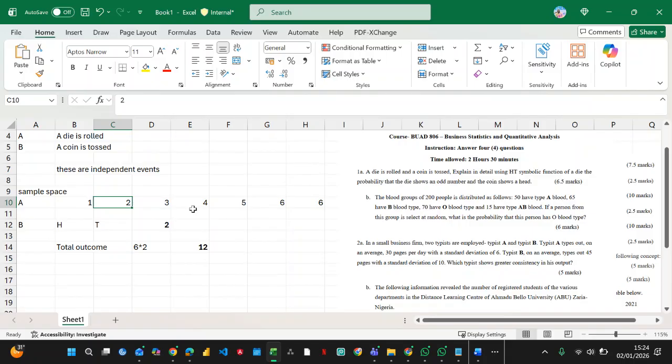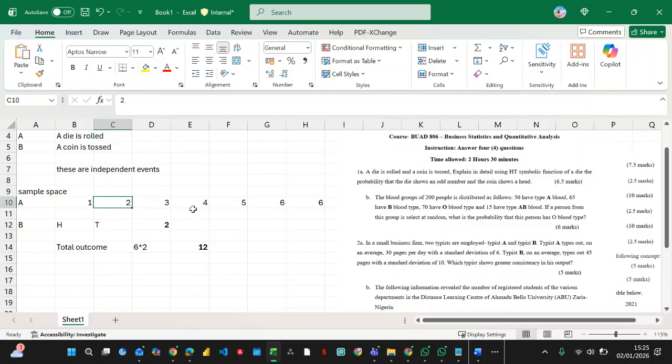Can I ask a question? I think both the die and the coin are mutually exclusive, right? If we follow the probability rule, that should be addition, so why the multiplication? No, they are two independent events.